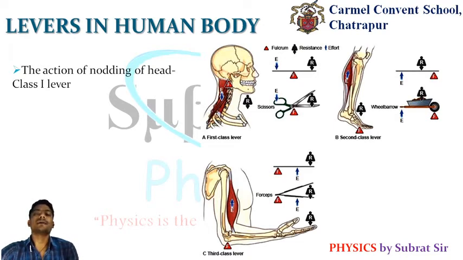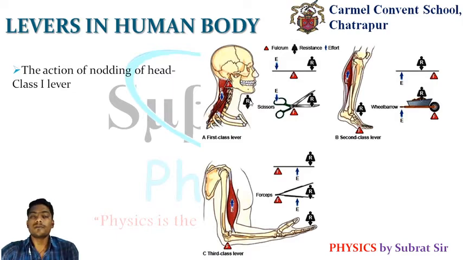It works as a class 1 lever. How? In the action of nodding of the head, the spine acts as a fulcrum and the load is at its front part, while the effort E is at the rear part. Thus, this acts as a class 1 lever.